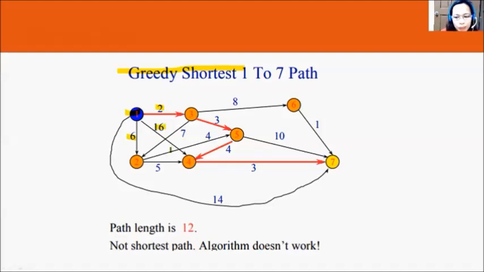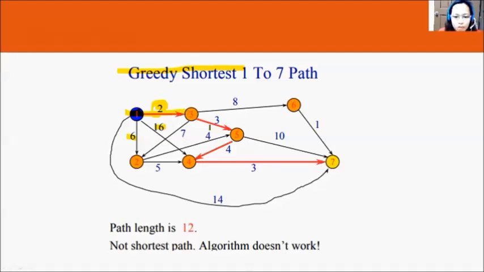So I want to get the cheapest value out of the 4. The cheapest value from 3, 2, 16, and 6, I will select 2 because this is the lowest value. Meaning to say, from vertex 1, I will go to vertex 3.